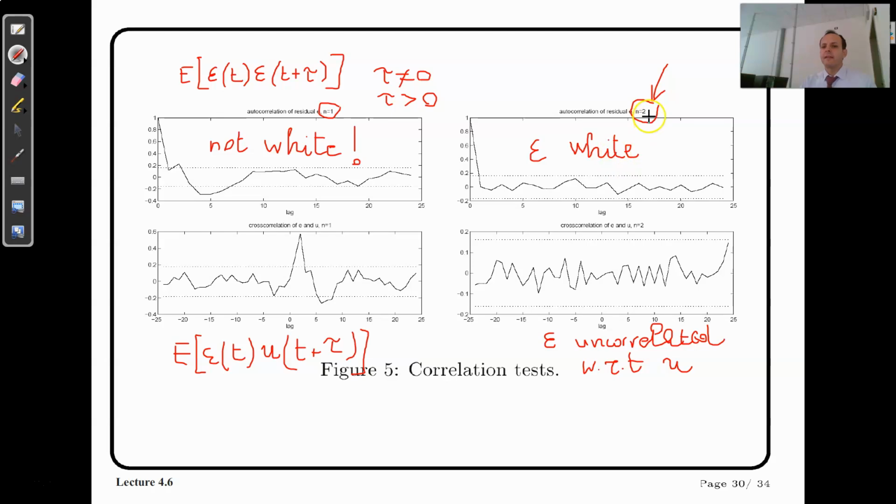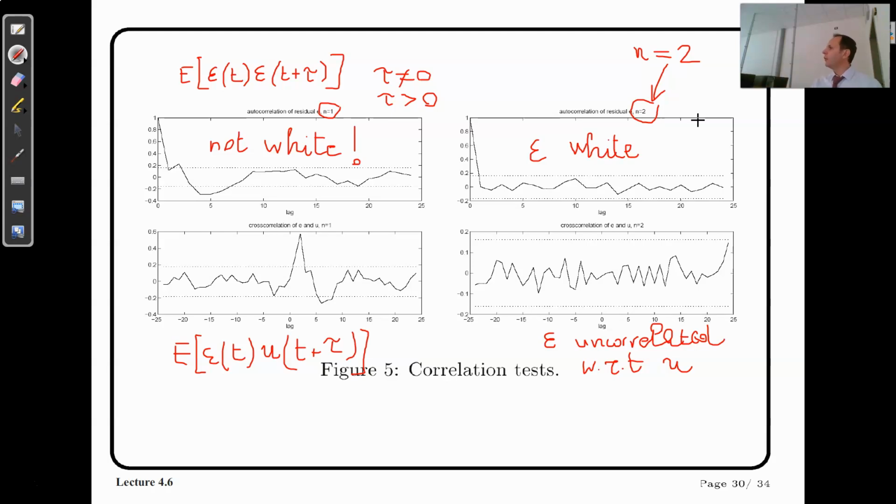So this means that perhaps the right order, let's say, I don't know, is 2. So you check all these graphs for every order.